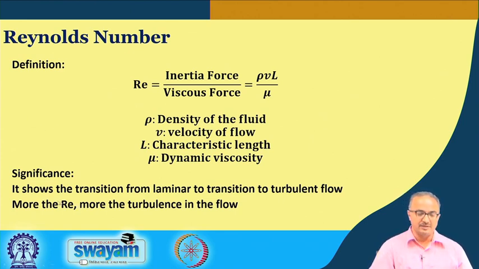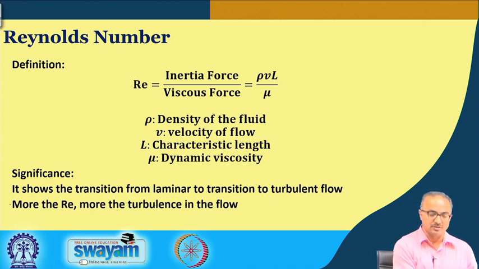So, as we have written here, this Reynolds number gives us the transition from laminar to turbulent flow, and in between there will be some kind of transition flow. The more the Reynolds number, the more the tendency towards turbulence.